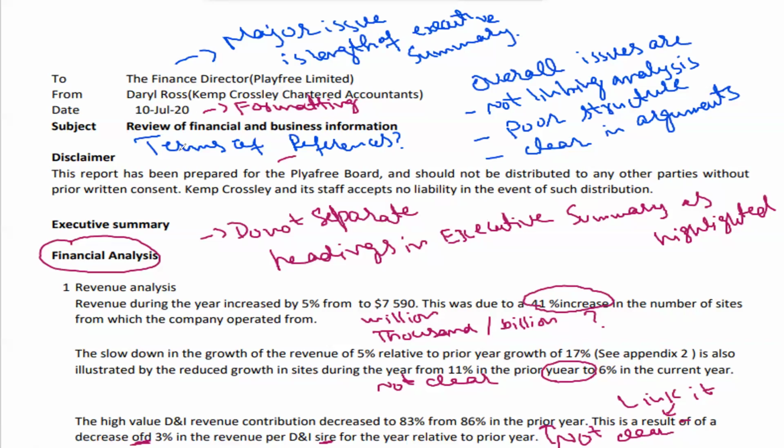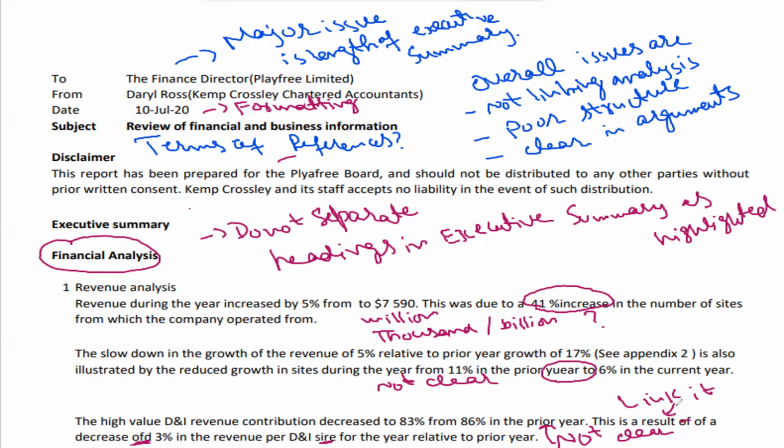From that, the subject or terms of reference were missing. You see some areas where figures are not given, whether it is a million, thousand, or billion. How this is an increase, you didn't mention. This is something that is not clear. Here are some spelling issues.